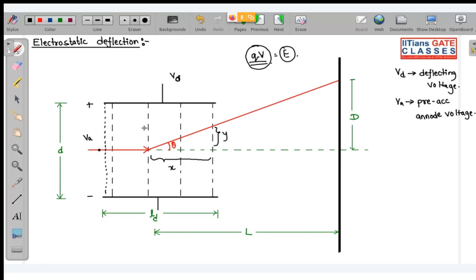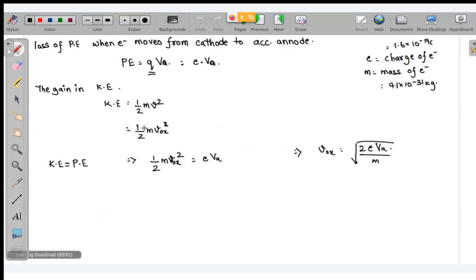Now tell me, will this velocity remain constant or will it change? If it is changing, there should be a change in your potential energy.